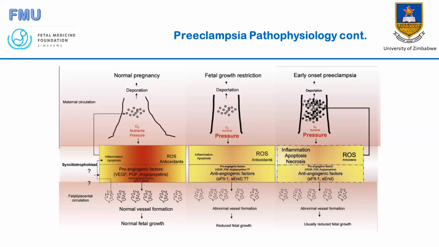Then you can see on the last part that there is now inflammation, apoptosis, necrosis, and the rate of oxidative stress is also increasing, resulting in abnormal vessel formation as well as reduced fetal growth.